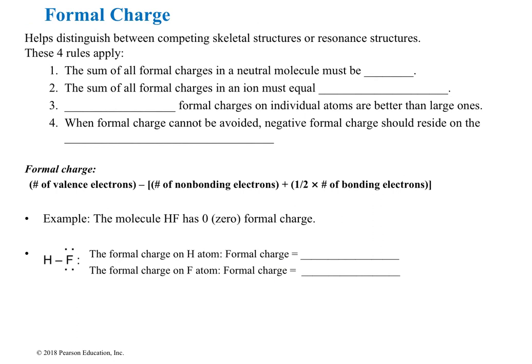Okay, formal charge. This helps us to figure out the best resonance structure. So the general rules are, if we have a formal charge, it needs to be equal to the charge of the molecule. So if it's neutral, it should be 0. They should all add up to be 0. If it is an ion, it should be equal to the charge of the ion.